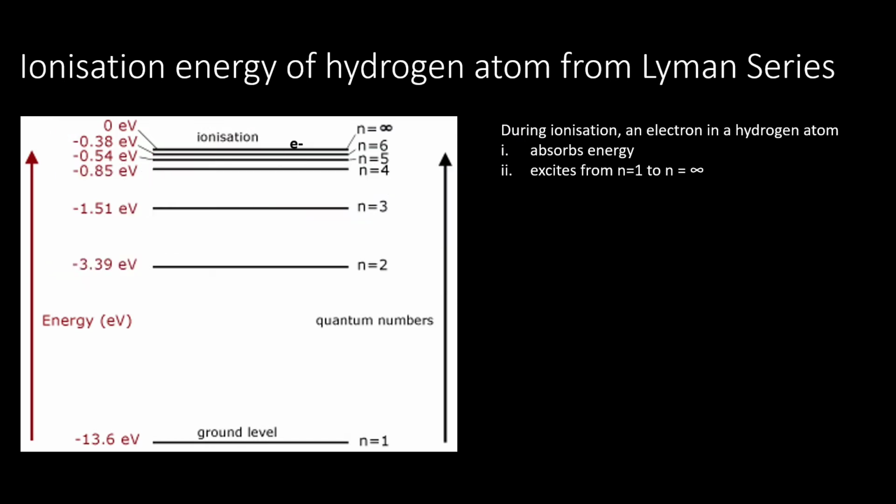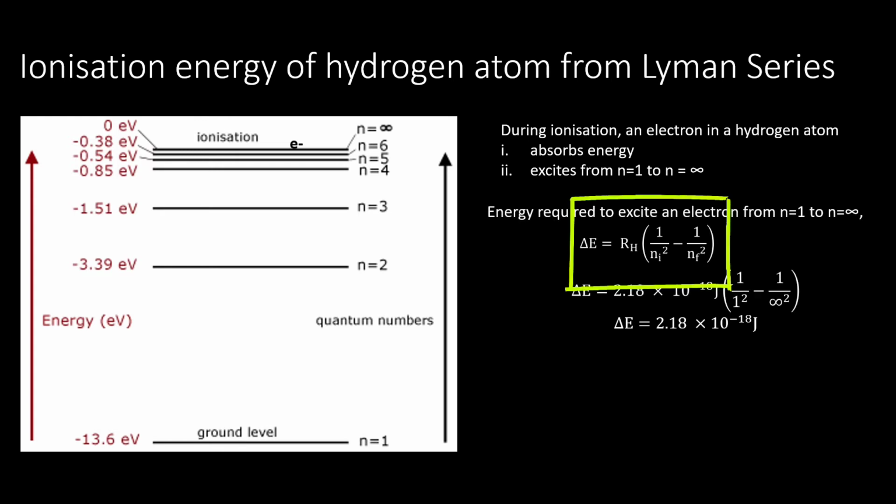To calculate the energy required to move the electron from n equals to 1 to n equals to infinity, we can use the formula, which is difference in energy equals to the Rydberg constant multiplied with 1 over n initial square minus 1 over n final square. Initially, the electron is at n equals to 1. So, our n initial will be n equals to 1.